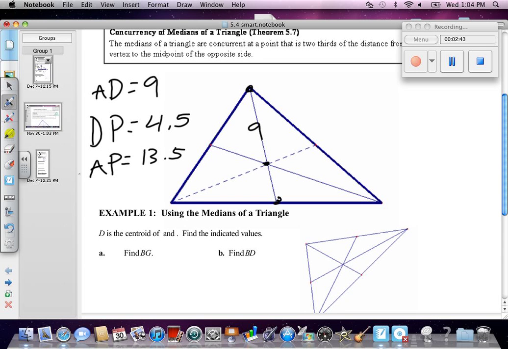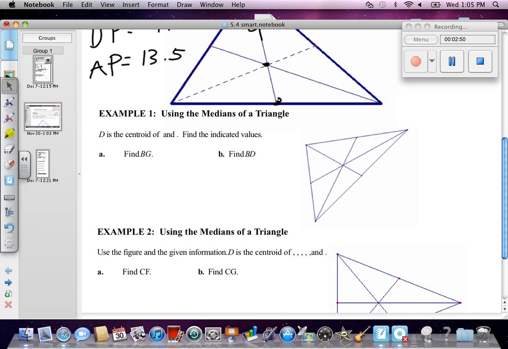Okay. So we're not going to draw this and measure it right now for the bottom, so we're just going to go on to example 1. Okay, example 1. D is a centroid. Centroid is the point of concurrency for medians. D is the centroid.